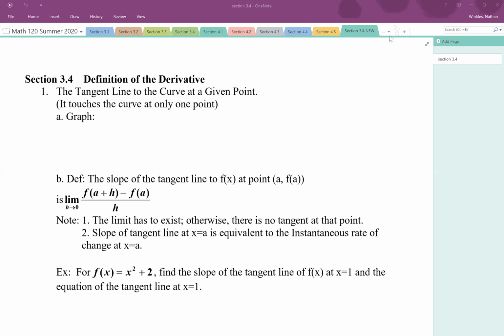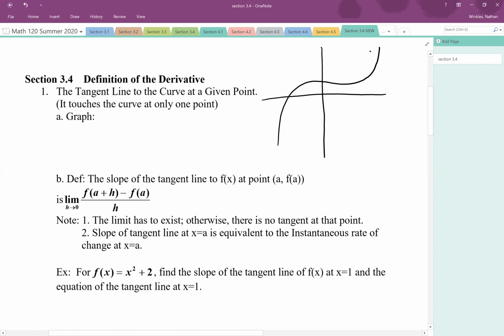So the first thing we talk about is the tangent line to the curve at a point. So basically what we're talking about is if we have any curve here that I can find a point and I can draw a line that touches our curve in only one spot.